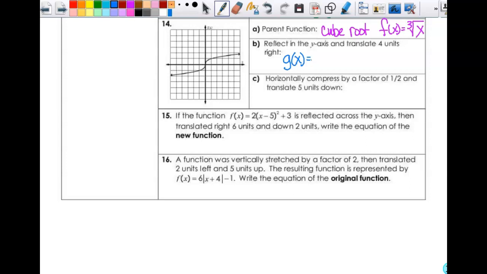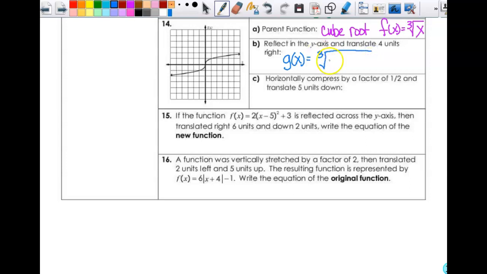If I reflect in the y-axis, is that negative going to be inside or outside the operation? Inside, because if I reflect in y, it affects x, right? So it has to be on the inside. 4 units right, will that be on the inside or outside? Inside. So everything I'm doing is all on the inside. So I'm just going to have this big old cube root.